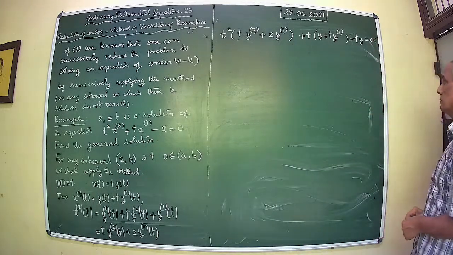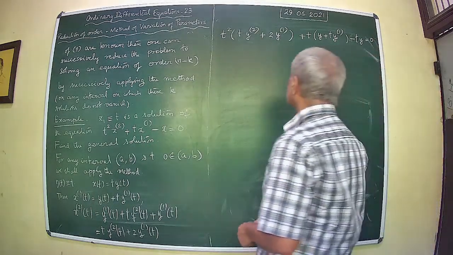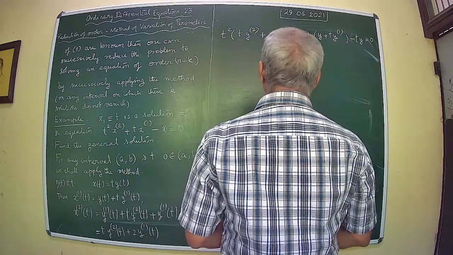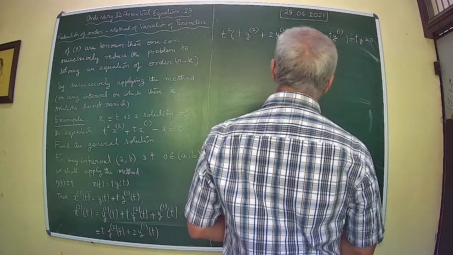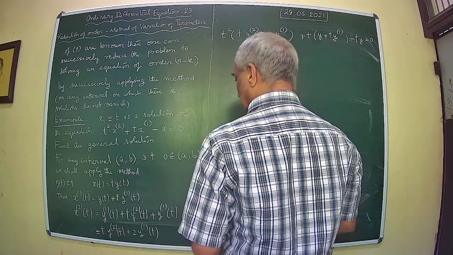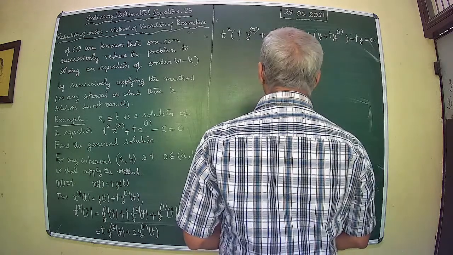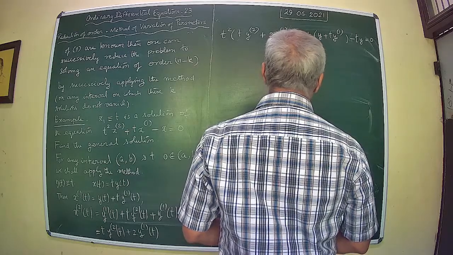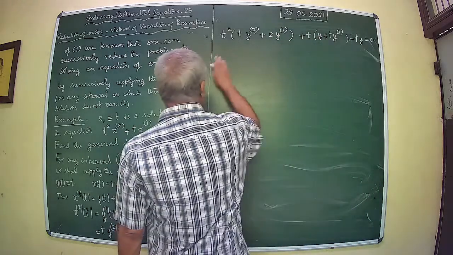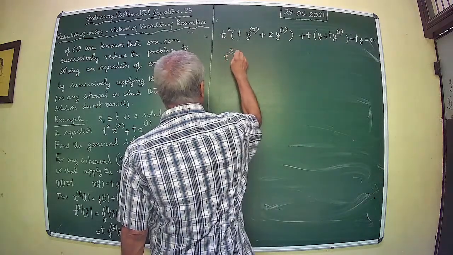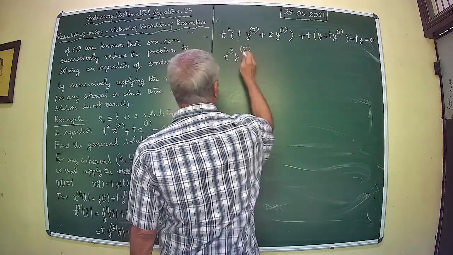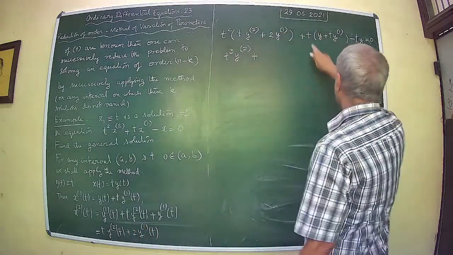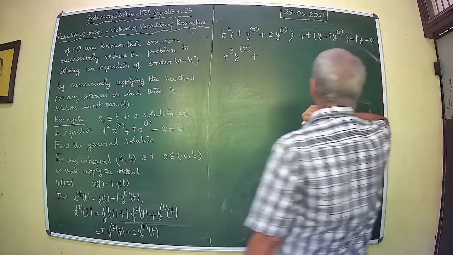This is the equation. Therefore, that leads to 2t square y derivative and t square y derivative.